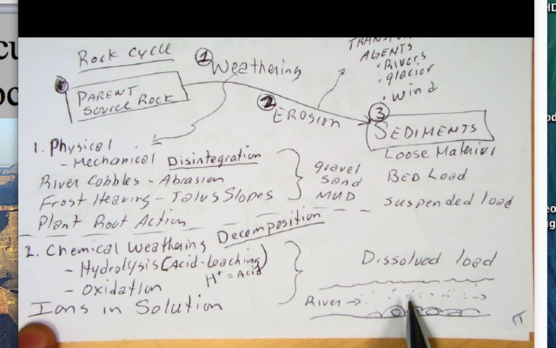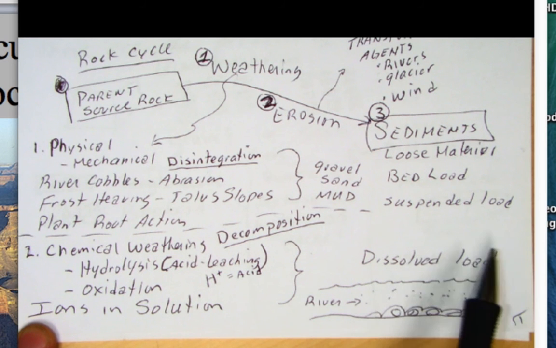Think about after a rain, how the rivers get chocolate brown. They get muddy waters. Well, that's mostly the suspended silt moving down toward the ocean. But also, what you really can't see is products of chemical weathering. The dissolved load would be the material the river carries in terms of the ions in solution. So load is a general term we use for what the river is carrying.